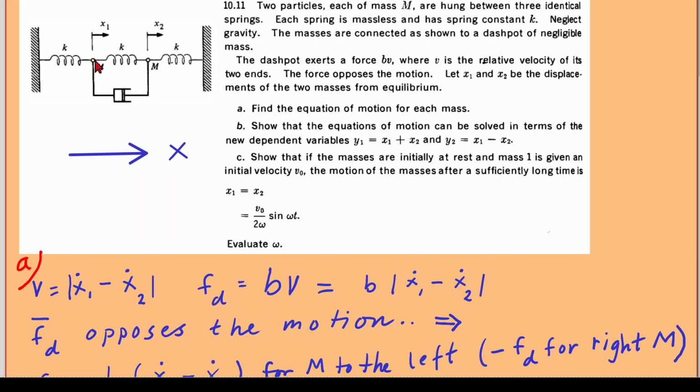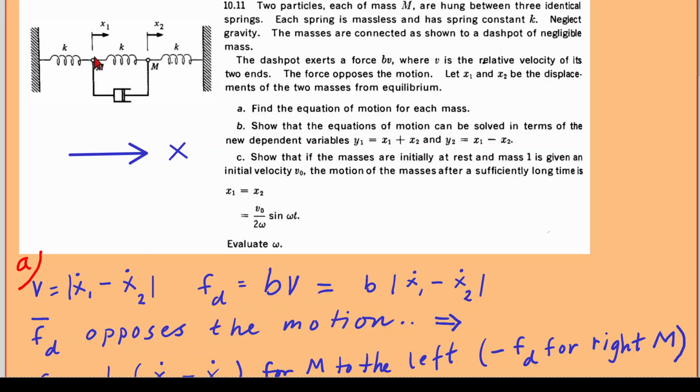So let's look at the left mass here and look at the forces. What we can see here is that there is a damping force from this system. If it goes that way, it will be a damping.